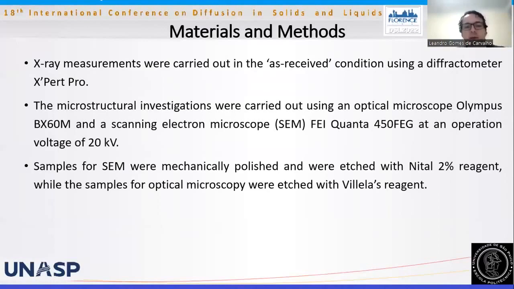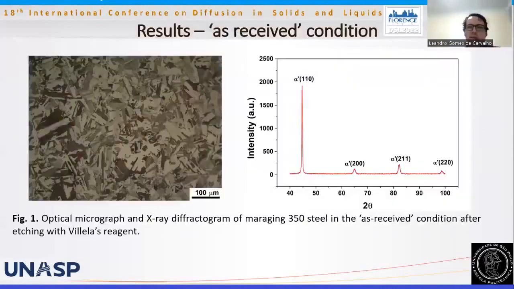Samples for SEM were mechanically polished and etched with Nital 2% reagent, while the samples for optical microscopy were etched with Vilella reagent. These are the results for the as received condition. Figure 1 shows the structure of maraging 350 steel in the as received condition.